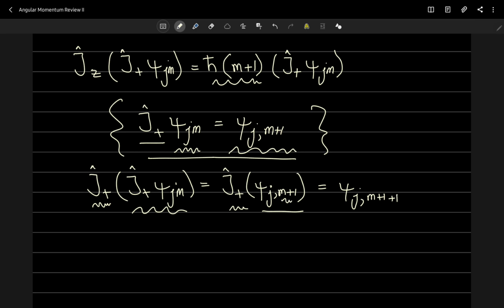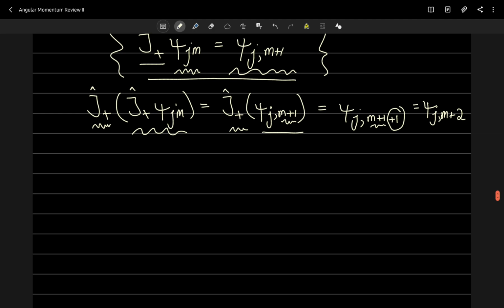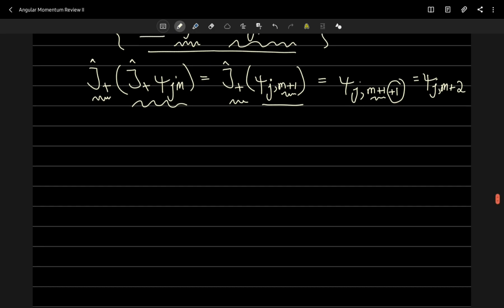We had m plus 1, and we add plus 1 to it, and that's simply psi j m plus 2. And so you could keep going on and acting with j plus, and you would see there would be a restriction on this, and we would see that very quickly.